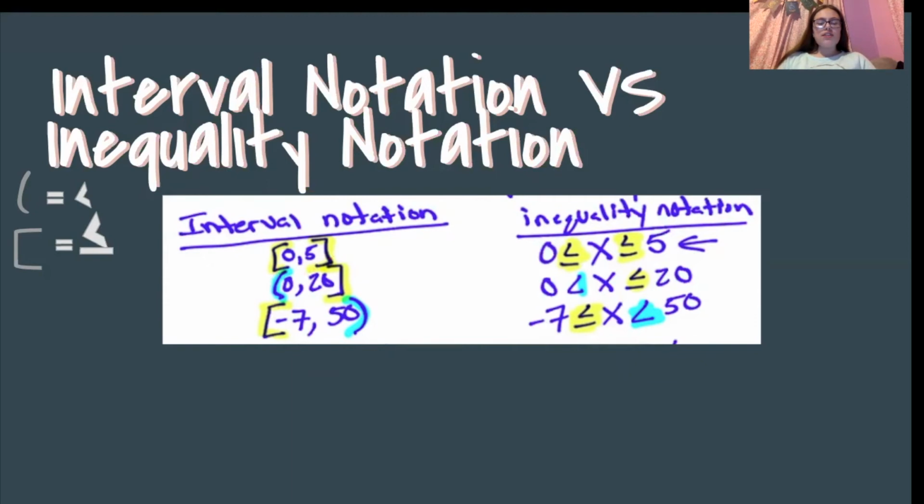This really does sound confusing, looks confusing, but I'll get into more detail later. The difference between these two is that a parenthesis equals the less than symbol here, and the bracket equals the less than or equal to symbol here. So let's get more into it.